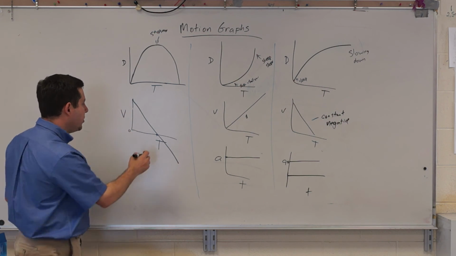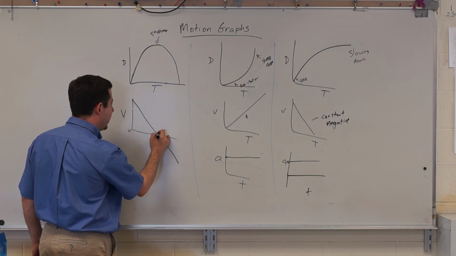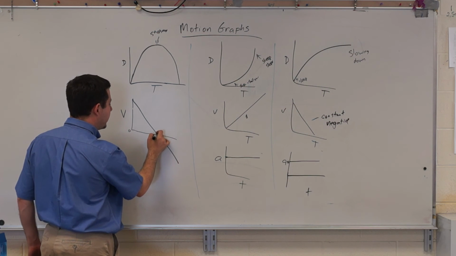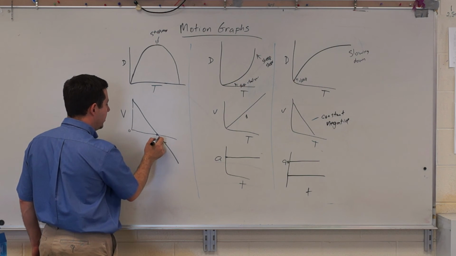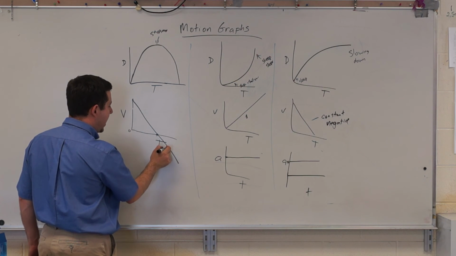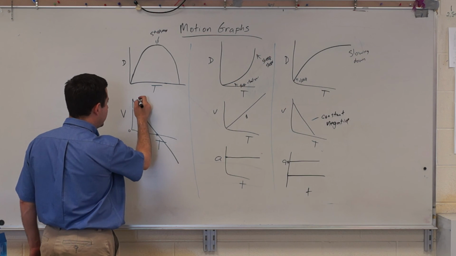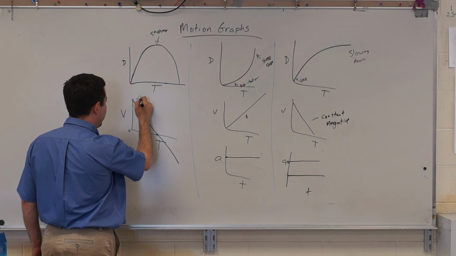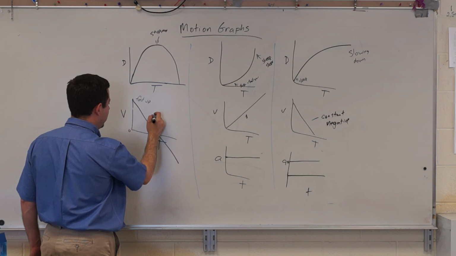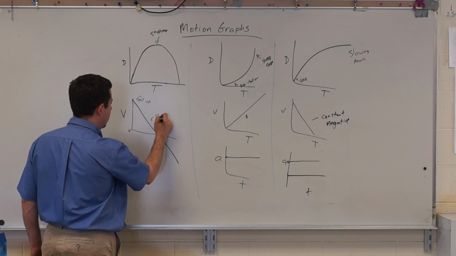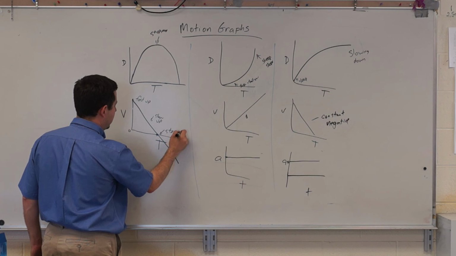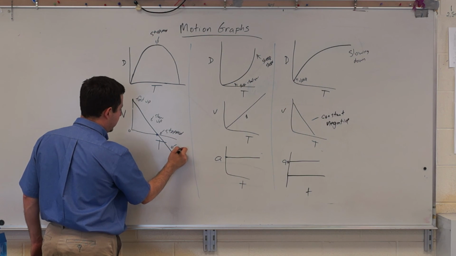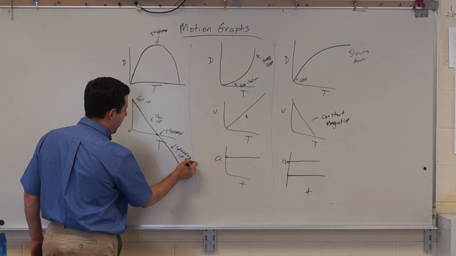And you don't realize it, but this is a pretty pivotal point right here. This is the point at which it stops going up and starts going down. Velocity is all positive here, but getting closer to 0. Now it's negative. So this is fast, up. This is slow, up. This is stopped. And now it's speeding up and falling.